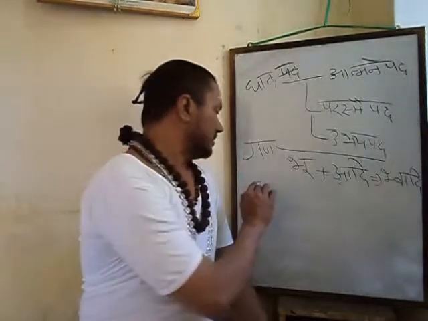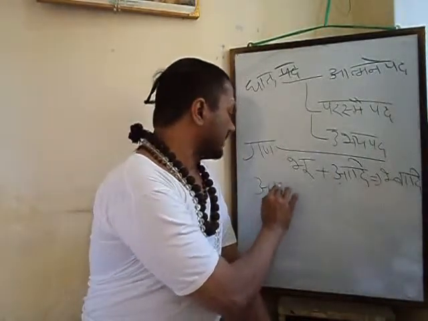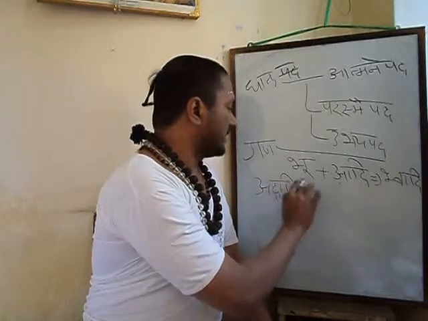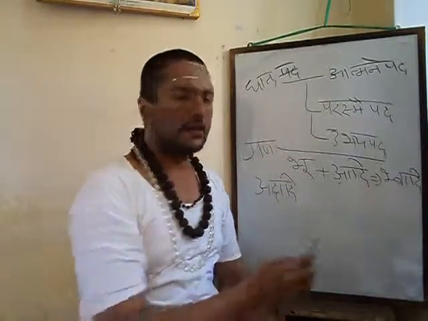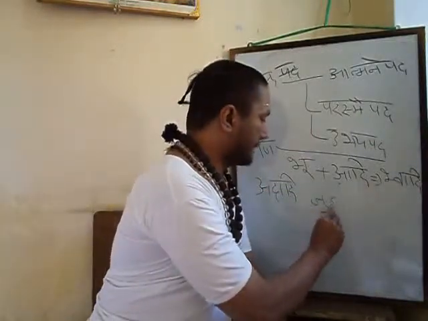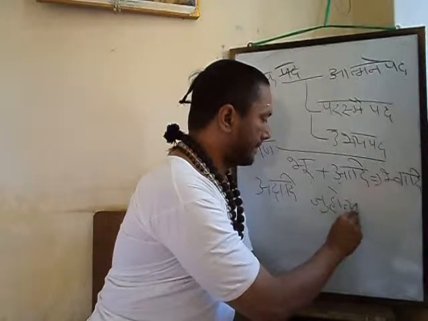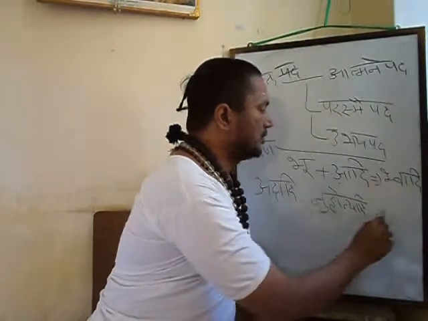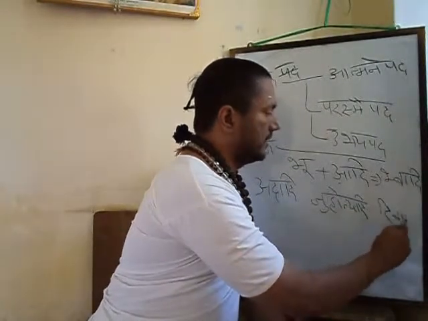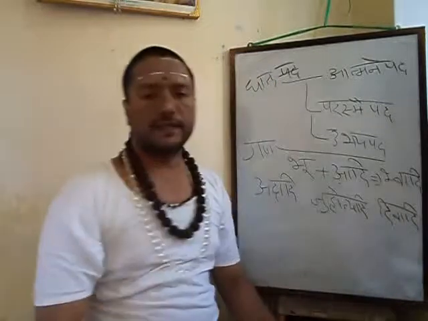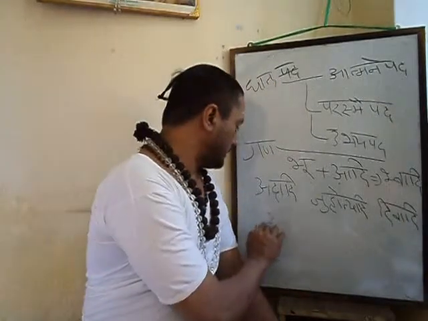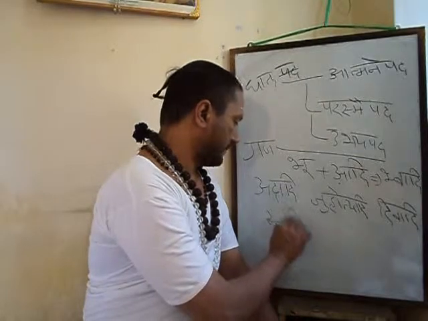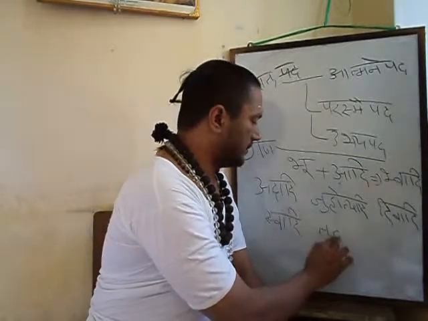The next is Adadi. Ada Bhakshane. Adadi Gana. Then Juhotyadi. Divadi. Then Svadi. Tudadi.